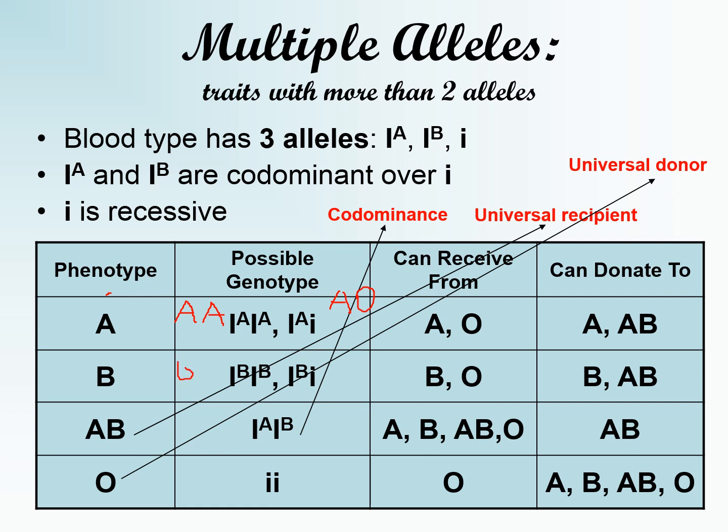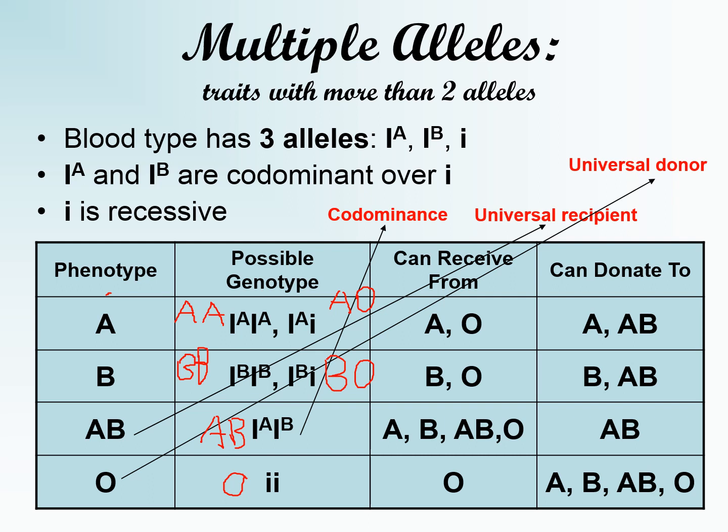If you're homozygous, sometimes we'll write it as two big B's. And I have a couple of practice problems for you guys, and I want you to just use the two big B's, the two big A's, and so forth. If you're heterozygous for type B blood, you're going to be B and O. AB blood is only written one way, AB. And the two little recessive i's are represented by an O.